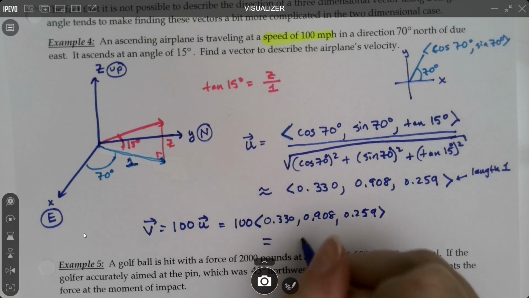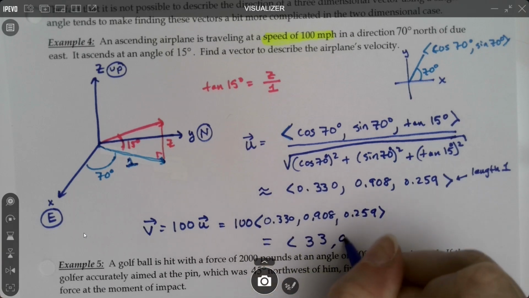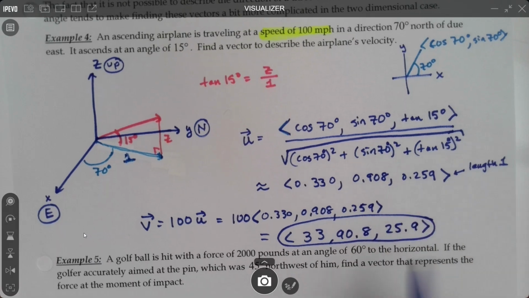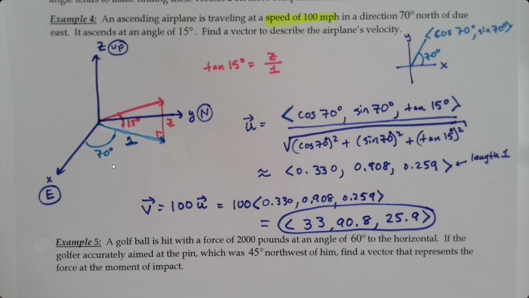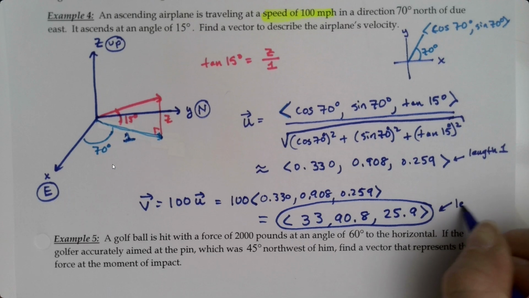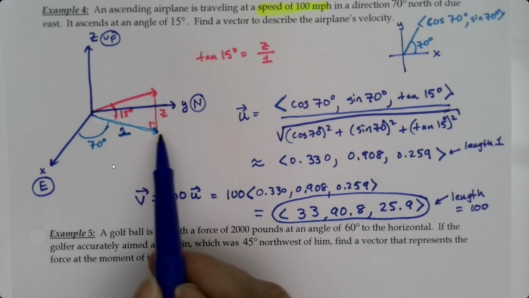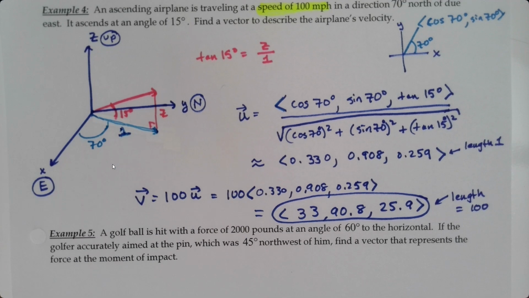Which of course would turn it into 33, 90.8, and 25.9. That is a vector that is magnitude 100, right? So the length on this one is 100. And it's in the direction and with the lift that we want. So it's in the direction of 70 degrees north of due east, and it has a lift of 15 degrees above the horizontal.